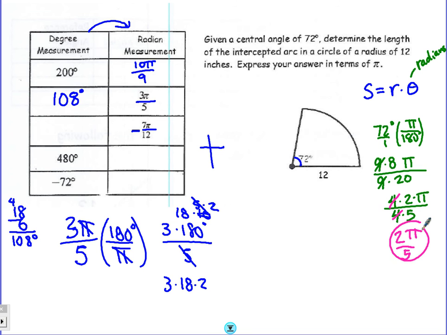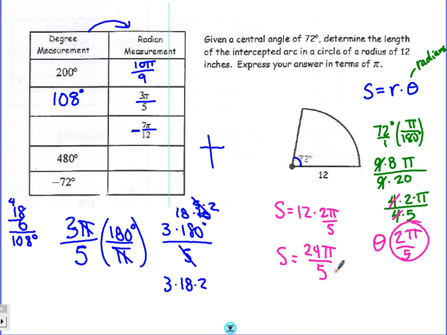Now I can plug that in for my theta, and I can solve the problem. So my arc length is going to be the radius 12 times my angle measure, which is 2 pi over 5. And then I want to simplify if I can, or at least combine that. So 24 pi over 5, and it doesn't look like it simplifies anymore.